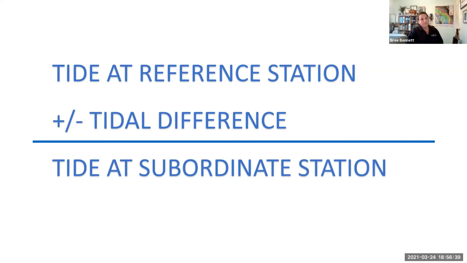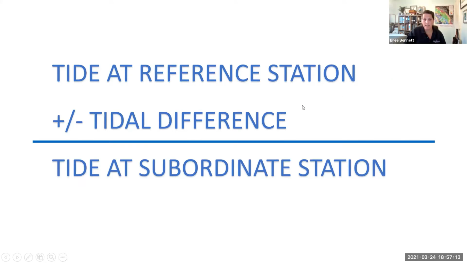So if our book said high tide is at 8 o'clock at LA at a 4 foot tide, and my tidal difference was a half hour later at Newport, and I would subtract a half a foot or something like that.